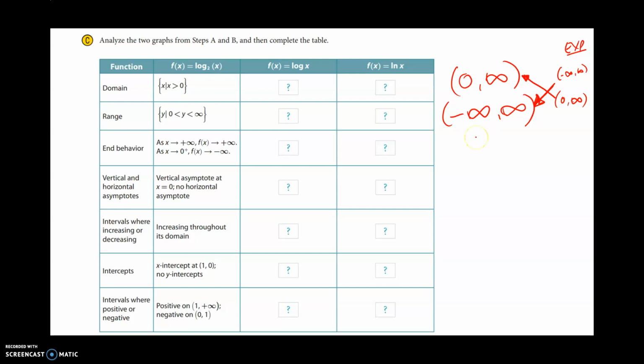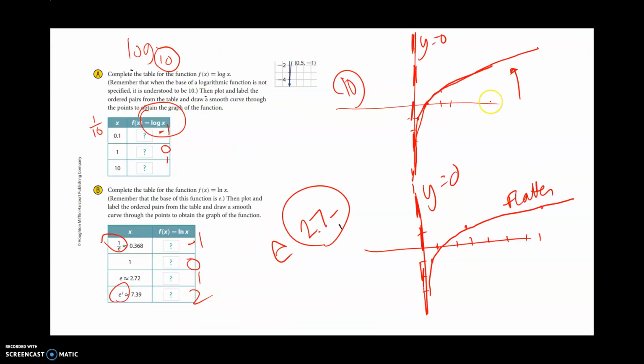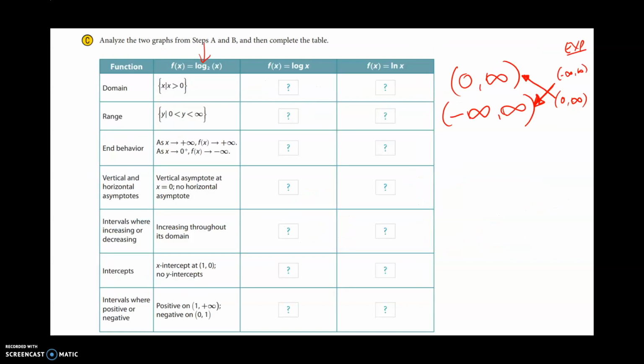End behaviors. Let's talk about our end behaviors. As x gets really large, these things are heading to infinity. As x gets really small, as x approaches 0, these things are headed toward -infinity. As x approaches infinity, f of x approaches positive infinity.